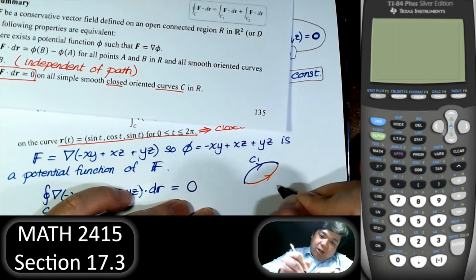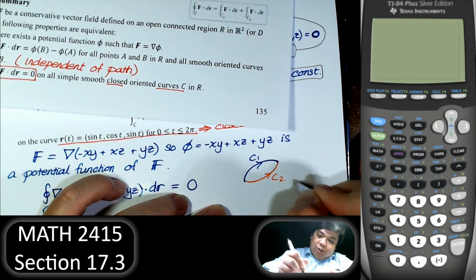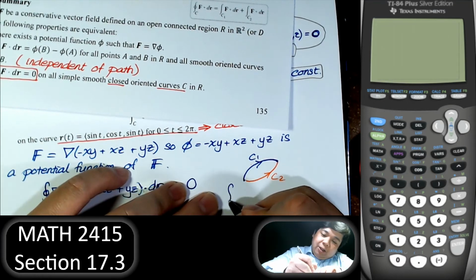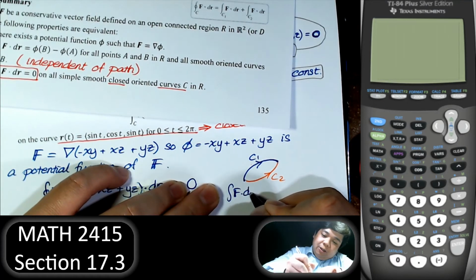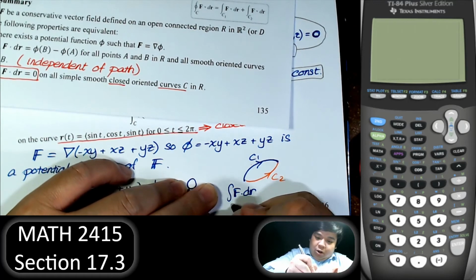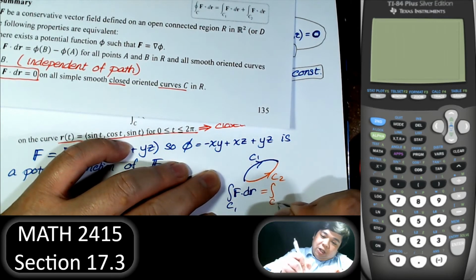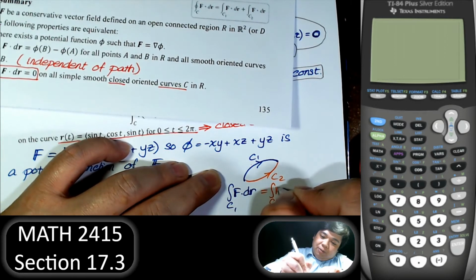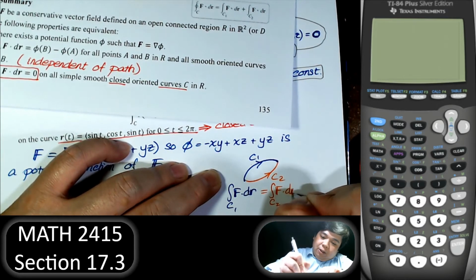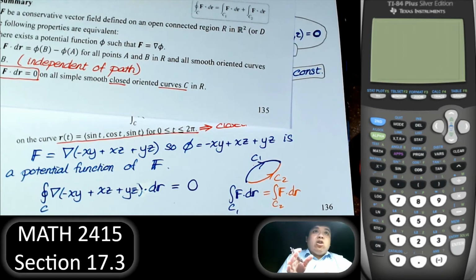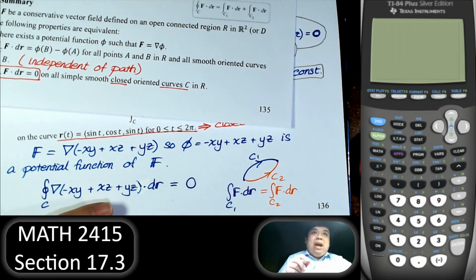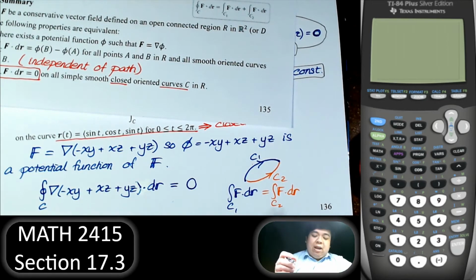So this is C1, this is C2. So the line integral on C1 equals the line integral on C2. Because there's a potential function, it is independent of path. So this path is the same as that path, for the line integral on those paths.